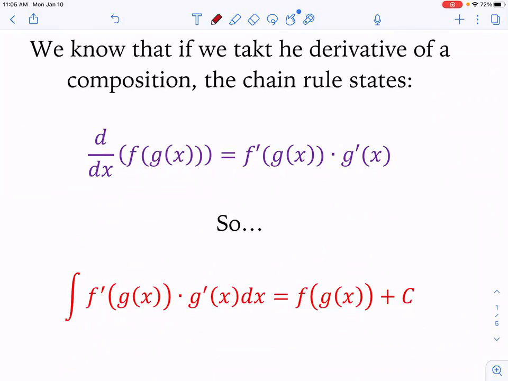Seems simple, but there's a lot of pieces we have to put together. Essentially, the process of doing U-substitution is trying to do the chain rule backwards. But we have to figure out what our composition is, what is f prime and g prime. Luckily, we don't actually have to identify those. We just need to understand how derivatives and antiderivatives function.